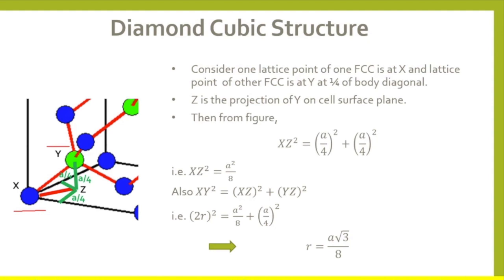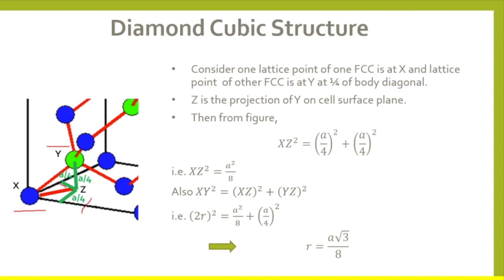Now if we draw a projection from the y atom to the plane at the bottom, it will cut at a point z, and if we drop perpendiculars from z to the edges of the unit cell, then the distance will be a/4.